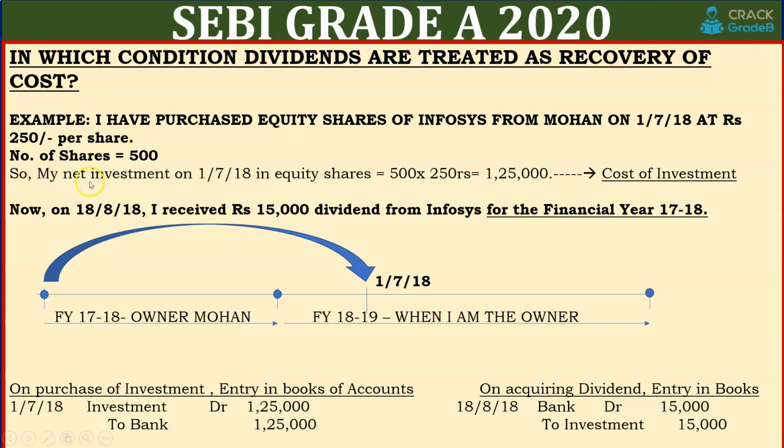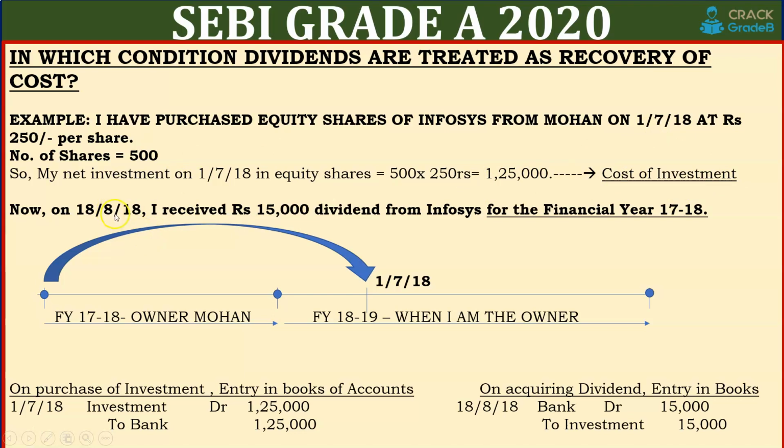Okay, so my net investment on this date in equity shares will be the 500 shares that I purchased multiplied by 250 per share that I gave. So my net investment or my cost of investment will be rupees 1,25,000.